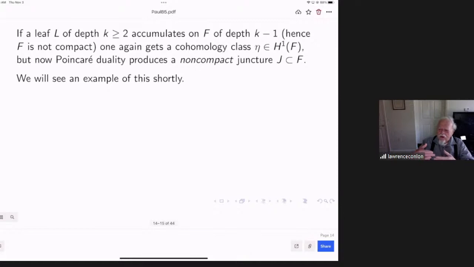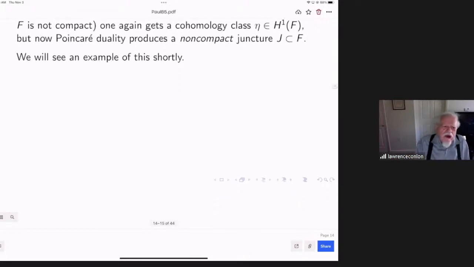That's because in Poincaré duality, on a non-compact manifold, ordinary cohomology is Poincaré dual to infinite homology. That is, homology defined by singular chains that are infinite but locally finite. We're going to see an example of this, so that's why I'm mentioning it now. Next slide.